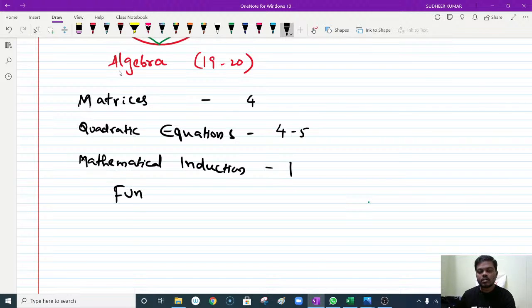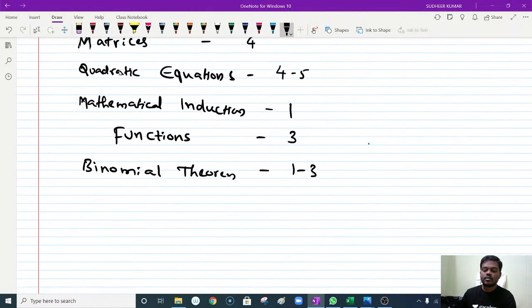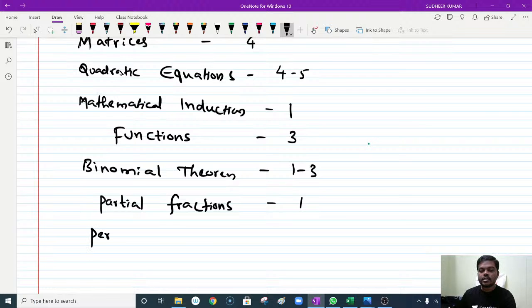Functions, 3 marks. Binomial theorem, 1 to 3 marks. Partial fractions, 1 mark.